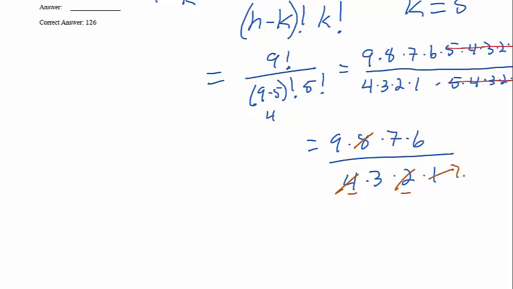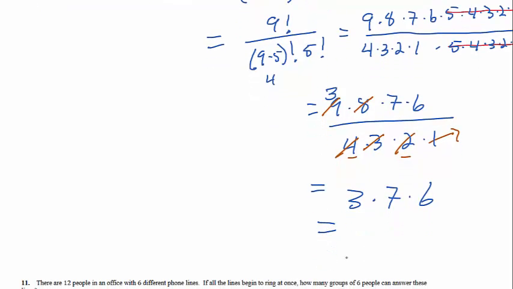The 1 just kind of disappears. 9 divided by 3, that one goes down and this one becomes a 3. So I have 3 times 7 times 6. That's a lot easier to calculate, isn't it? And then we have 3 times 6 times 7, and that equals 126.